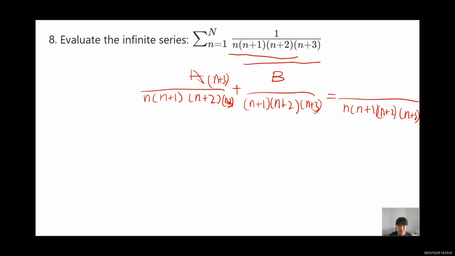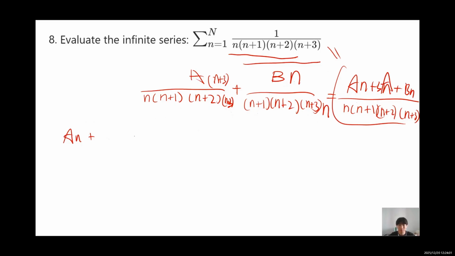As for this, we need to multiply n. Then we get an plus 3n plus bn. This guy equals this guy. So an plus, oh, what's this? It's 3a.